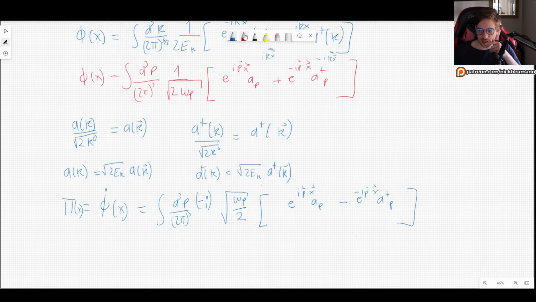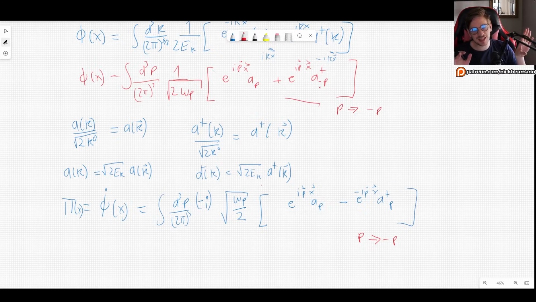What they do now is take the dagger portion and change p to minus p for both of these expressions. By doing that, e to the minus ipx will be e to the ipx, but now we are dealing with minus p. So this is basically the same logic as before.